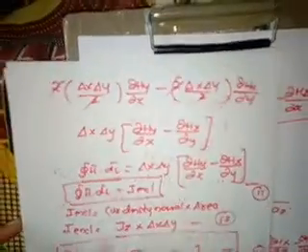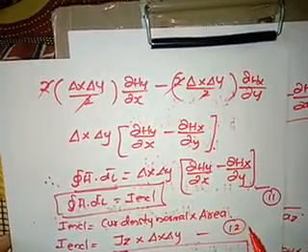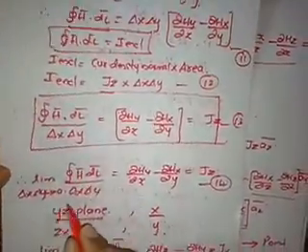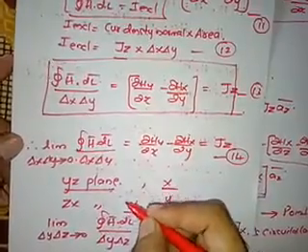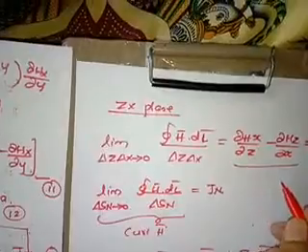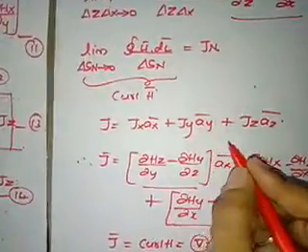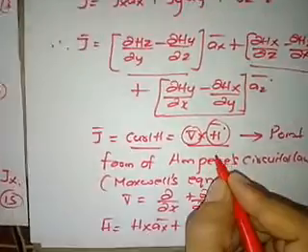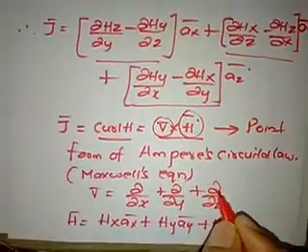Then we wrote the equation for current enclosed, which is the current density normal to the area multiplied by the area. Then we took the limit, and wrote the equations for the yz plane and zx plane. Then we generalized that, wrote the current density in terms of āx, āy and āz, and finally arrived at J̄ is equal to curl H, that is del cross H̄. This equation is called Ampere's circuital law, or one of Maxwell's equations.